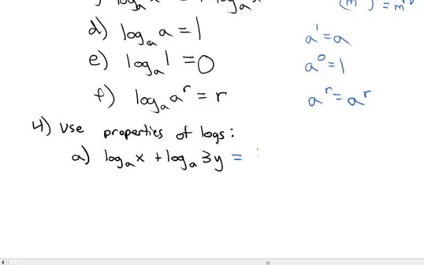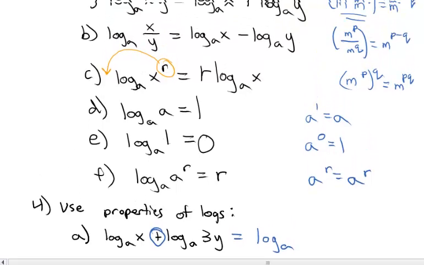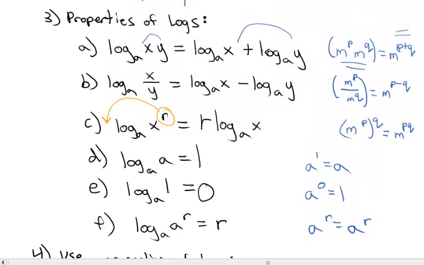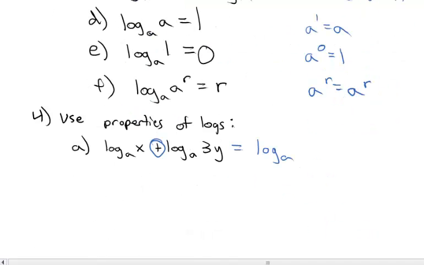We could combine these all into a single log base a. When logs are added, we have a property that says added logs becomes a log of the product. So we will multiply those together. X times 3y is 3xy, and we've combined those into a single log.